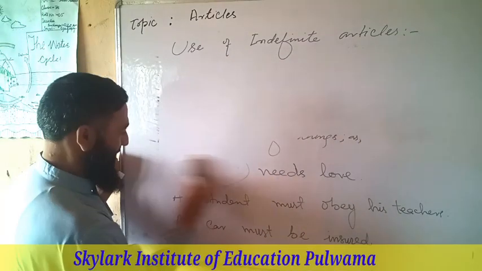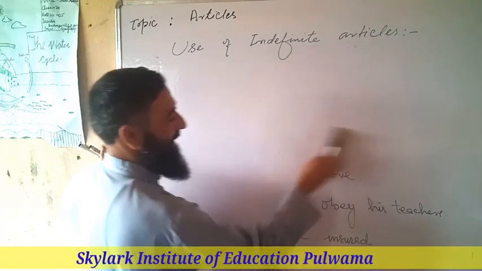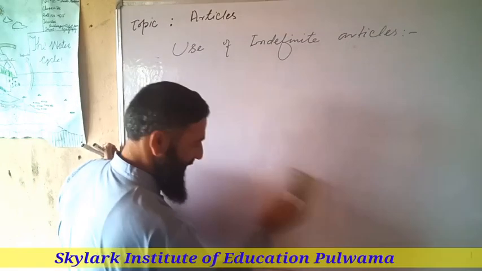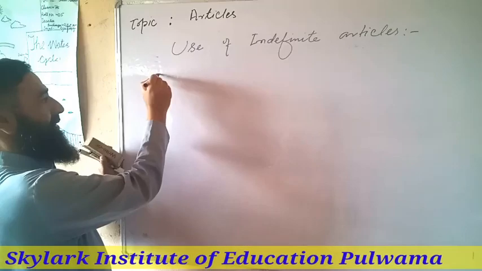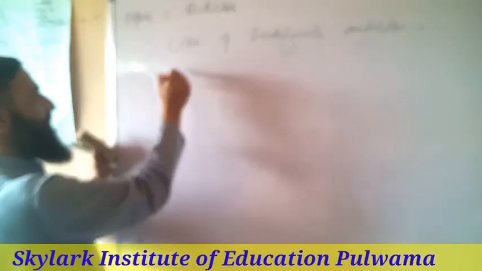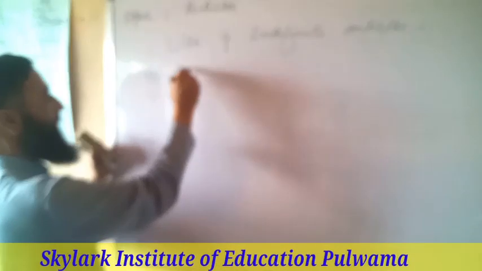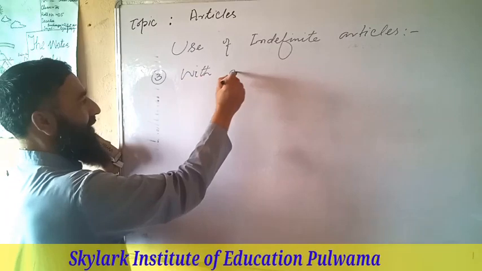We'll move to the third use of this. So far we have read only the two uses of the indefinite article and we are going to move towards the third use of this, and that is very crucial. With a noun complement.